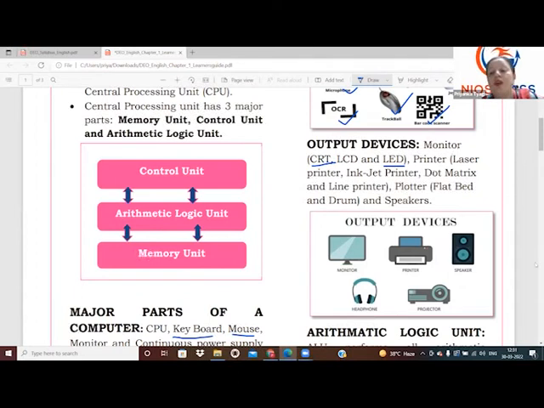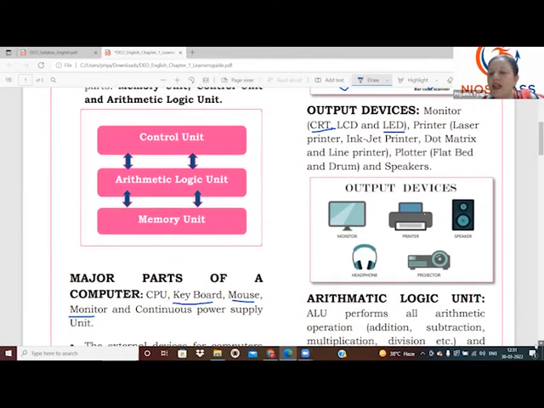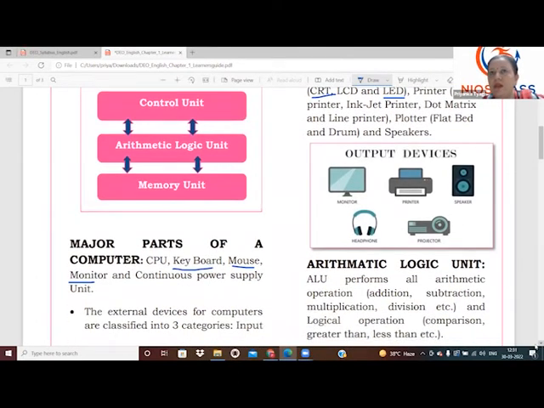Okay, now plotter. A plotter is just like a printer, but if we compare the size of a plotter with the normal printer, size wise they are very big. Suppose you want wall size printing, a large hoarding. That is possible with the help of a plotter, and plotters are of two types, flatbed and drum.